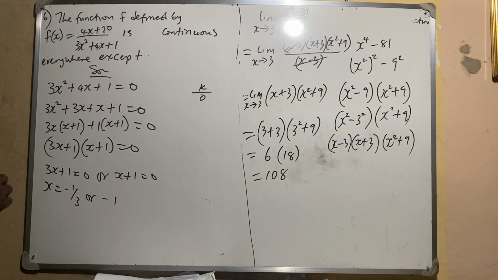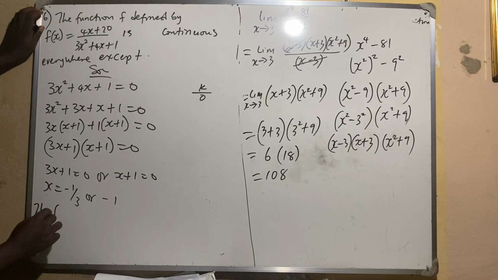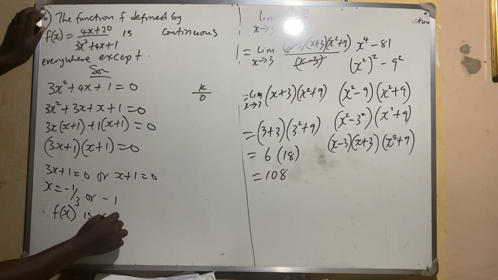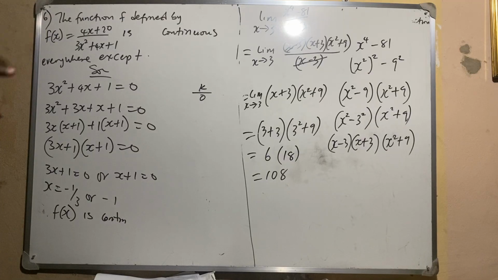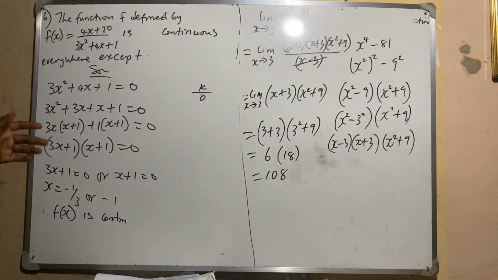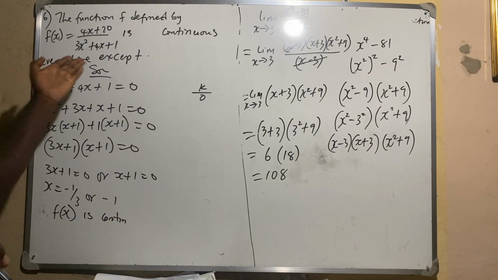Okay, so if they tell you the function f of x is continuous or discontinuous, or they tell you to find the discontinuity of this, that means not continuous or is continuous everywhere except.